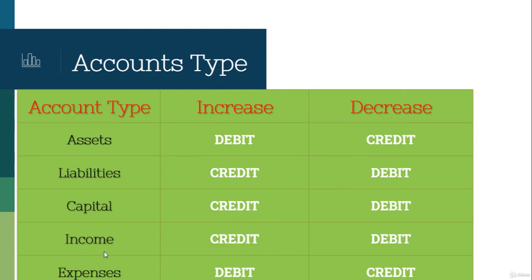Income increase is a credit side increase, and expense increase is a debit increase. Then the decreases are the opposite: credit, debit, debit, debit, credit.